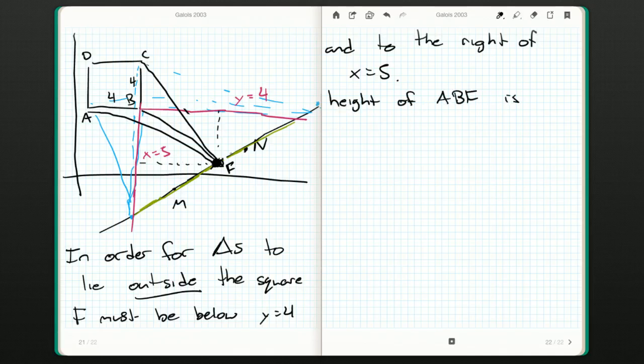So the height of ABF is just going to be the distance from F to 4. So we want 4 minus this F, so 4 minus the y coordinate.